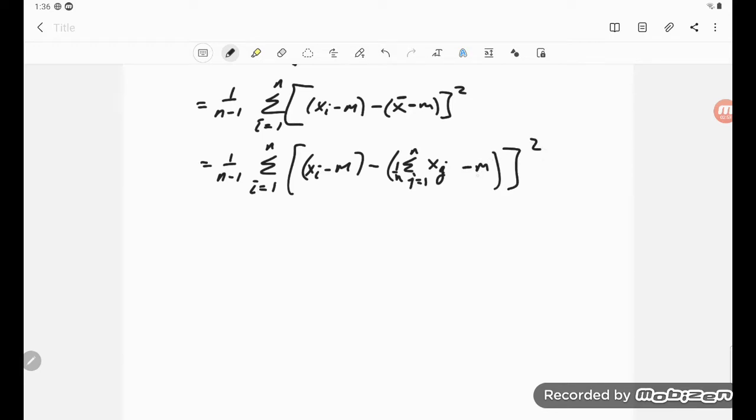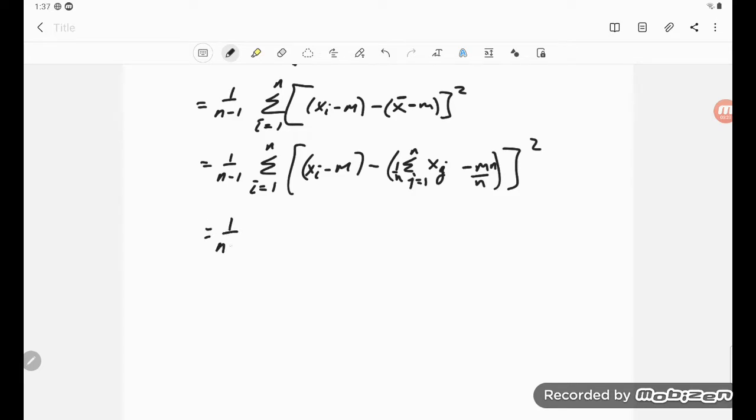But now I'm just going to fix this. I'm going to make this m, I'm going to divide it by n and multiply by n. And so then I can factor out the 1 over n, and I can think of m times n as m plus m plus m plus m, in other words, a summation.